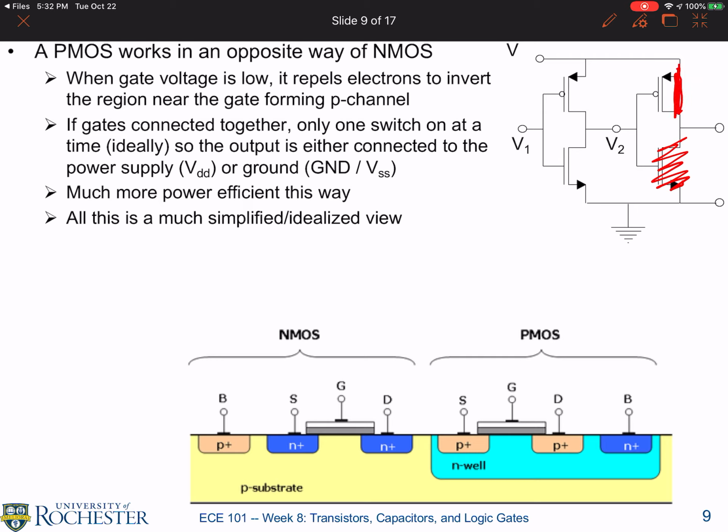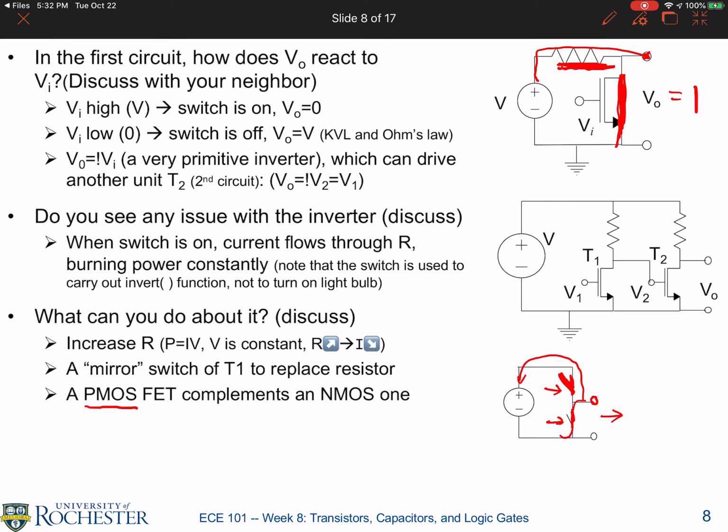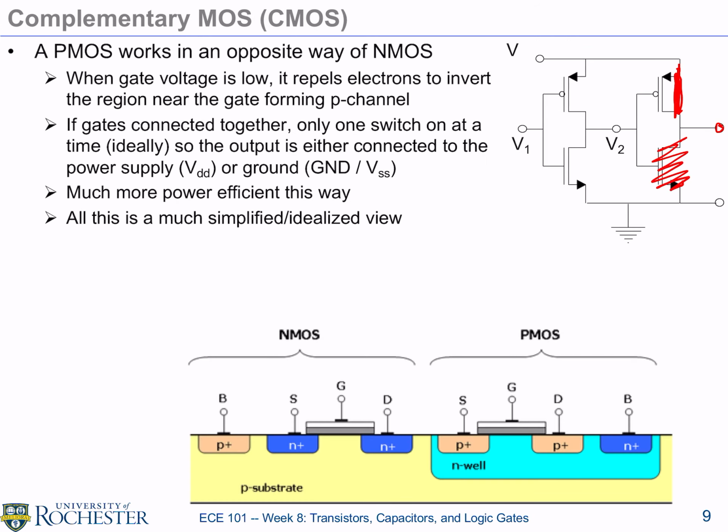The switch is on. So now my output is tied to V. So that gives me the same functionality as the inverter that I did with just one NMOS transistor, but I don't have a constant current flowing through the circuit at any time. So that's good. And this is called a complementary MOS circuit, or CMOS circuit. And it's precisely done to save power.